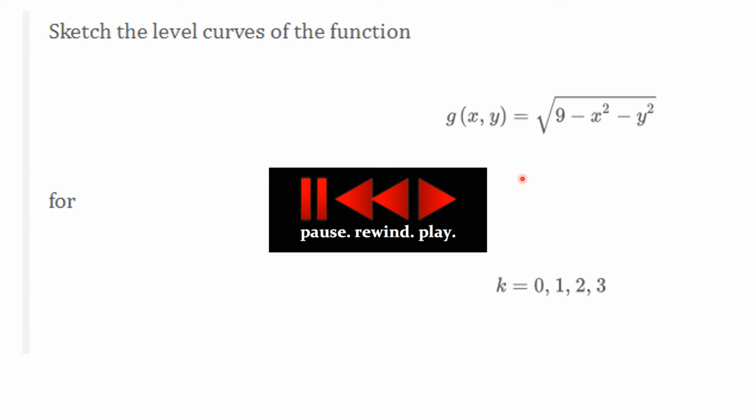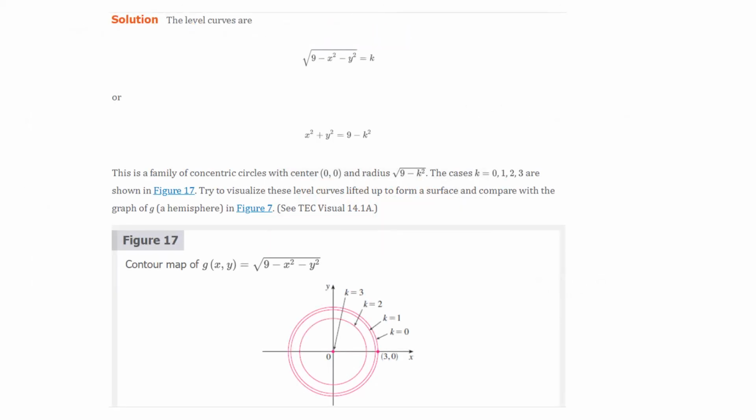Here, sketch the level curves of this, z equals this, for these values of k. You know what to do. Let's see how you did. Okay, what you're doing is you're graphing spheres, and again, this is a family of concentric circles centered at (0, 0), and they have radius this.